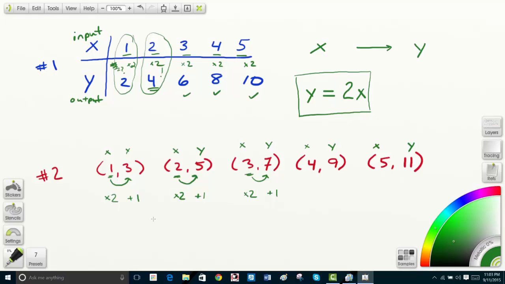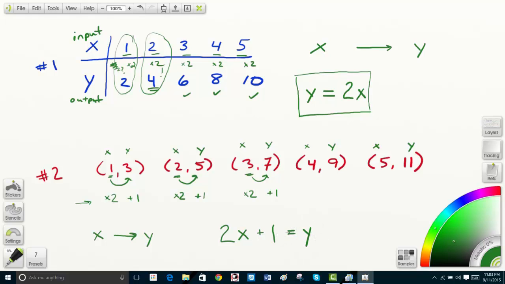So here's how we might write that. We're trying to figure out how x becomes y. So if I have an x, the first thing I need to do, according to the pattern I've just discovered, is multiply x by 2, so 2 times x, and then add 1. And if I do that, I will get y.